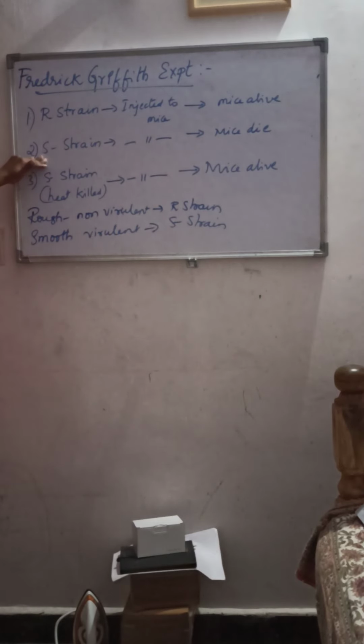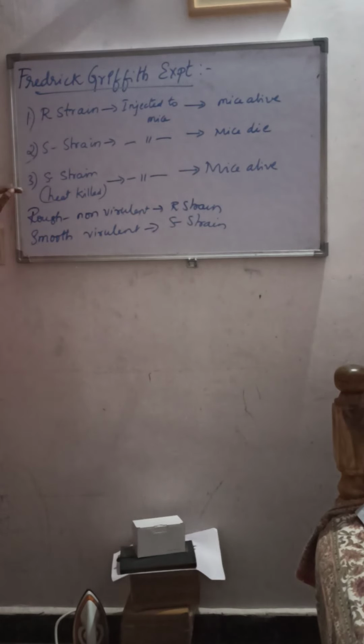Then in the second step, he injected the live S strain into the mouse, and the mouse died, because as we know the S strain is virulent, which will cause disease, and the mouse will die.